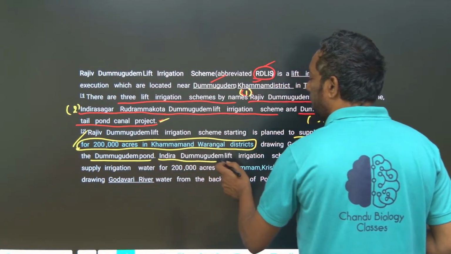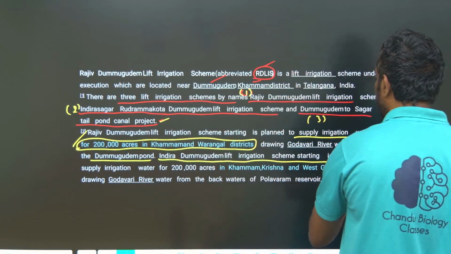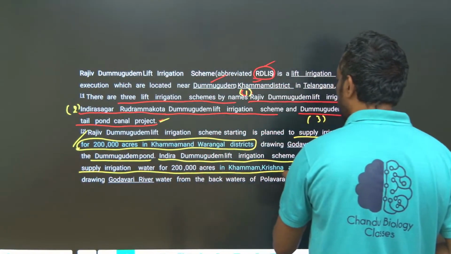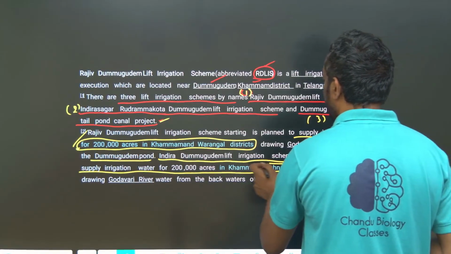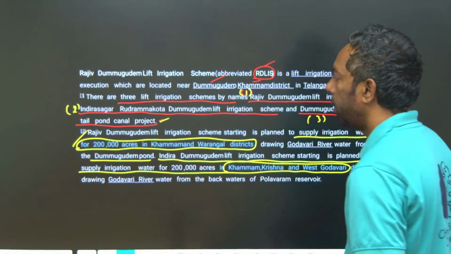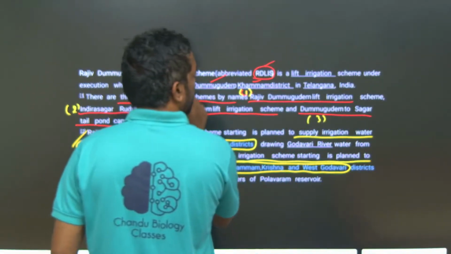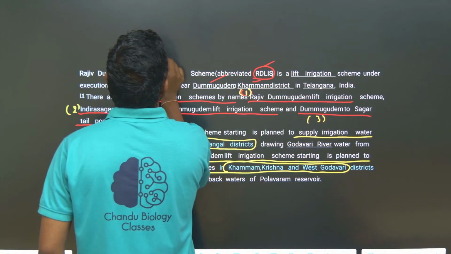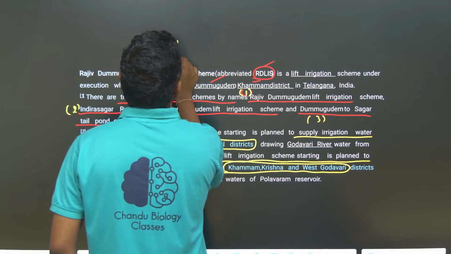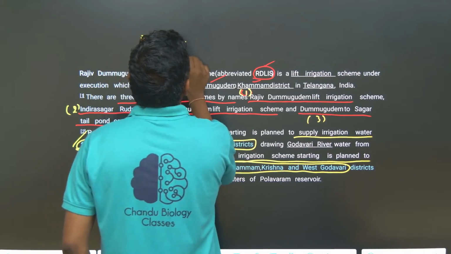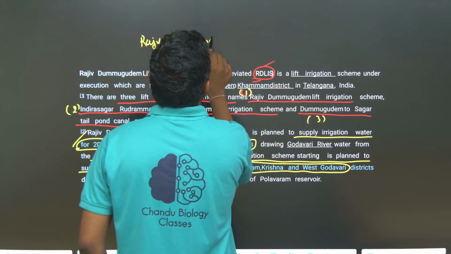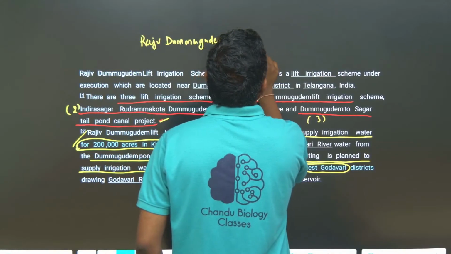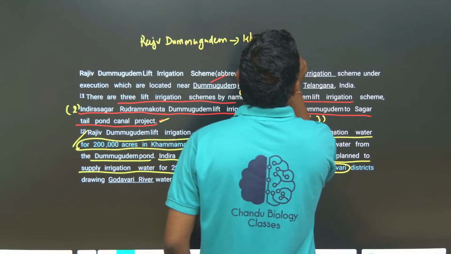Indira Dummagudem lift irrigation scheme is planned to supply irrigation water to 2 lakh acres in Khammam, Krishna and West Godavari. This is important. I am going to write here: Dummagudem lift irrigation, Rajiv Dummagudem, main districts are Khammam and Warangal.